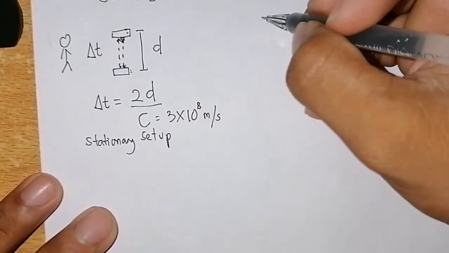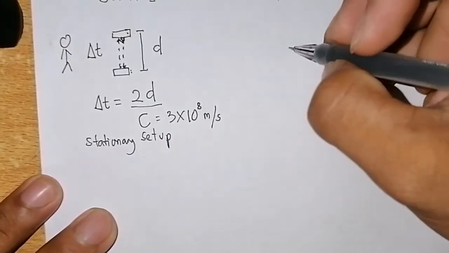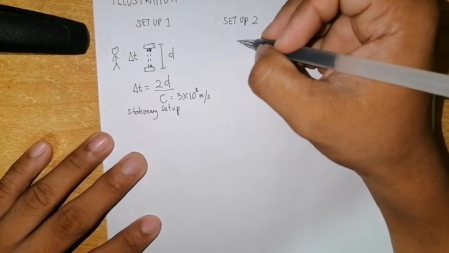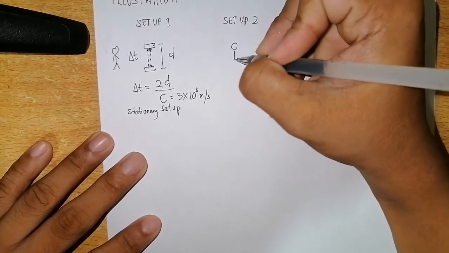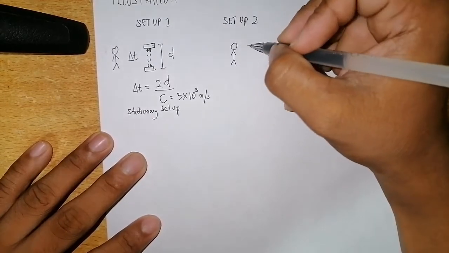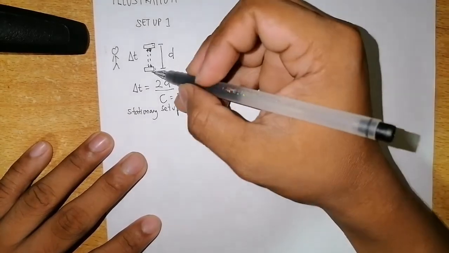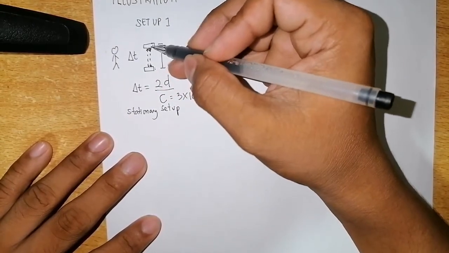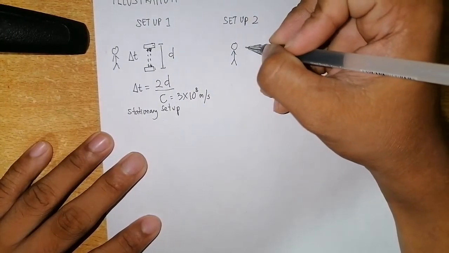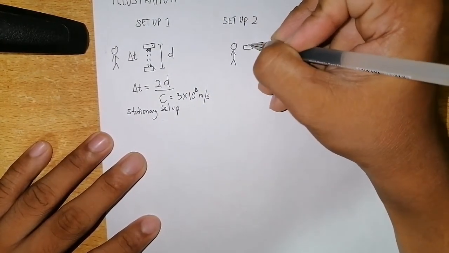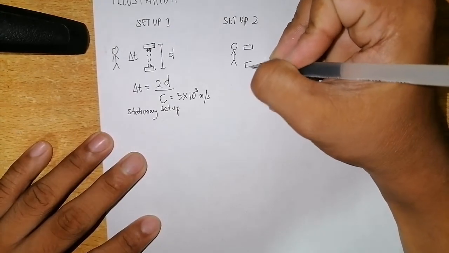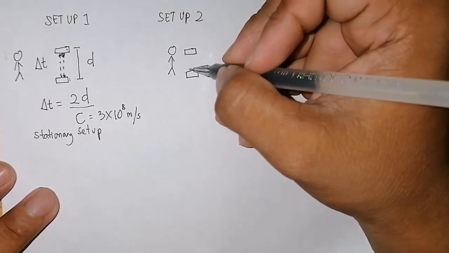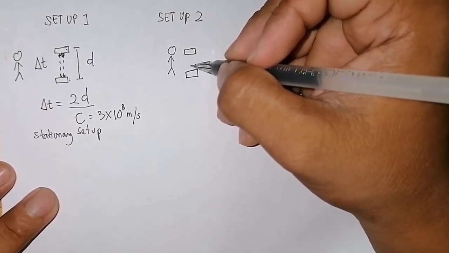Well, on the second setup, which is setup 2, we need to have 2 observers. We call this an equipment of light beam. An observer in a light beam is traveling at a particular speed.